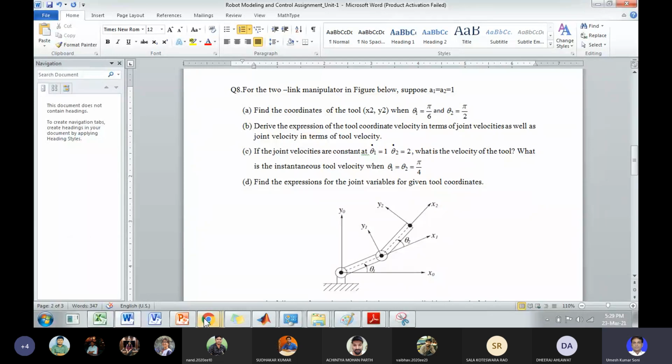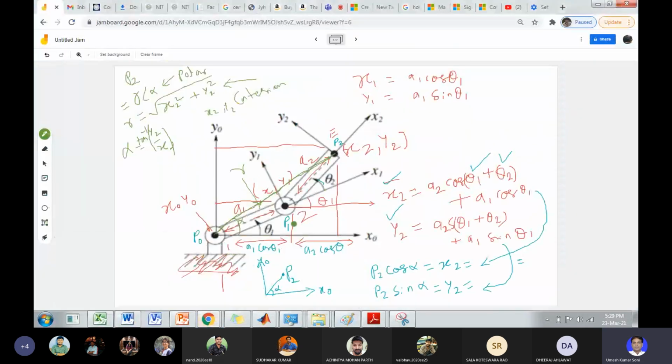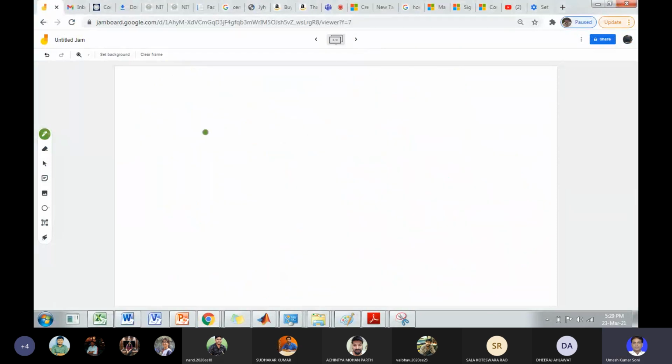So what do you do for that? Suppose you have determined x2, x2 equal to a1 cos of theta 1 plus a2 cos of theta 1 plus theta 2.